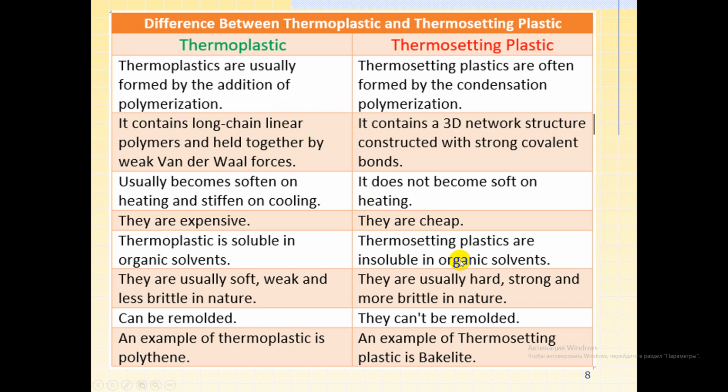Thermosetting plastics are insoluble in organic solvents. They are usually hard, strong, and more brittle in nature. They can't be remolded. An example of thermosetting plastic is bakelite.